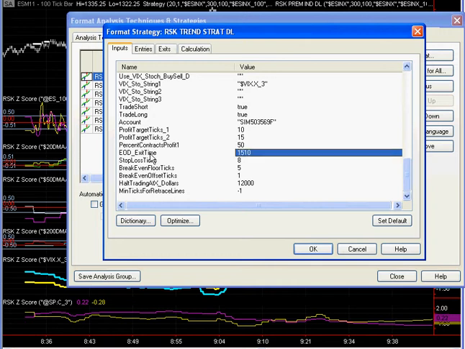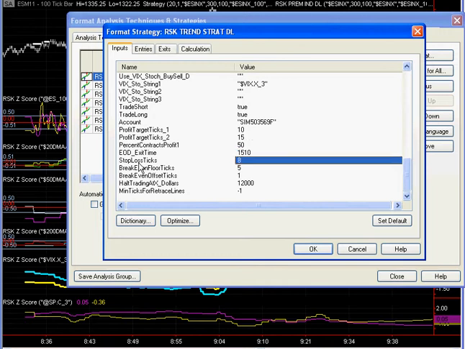There's an exit at the end of the day, so if any contracts are still active, those contracts will be closed to make sure that we don't inadvertently allow a position after the close or after any particular time.